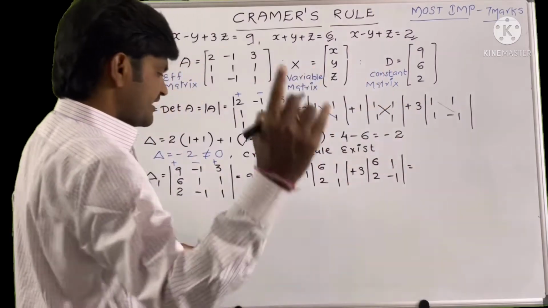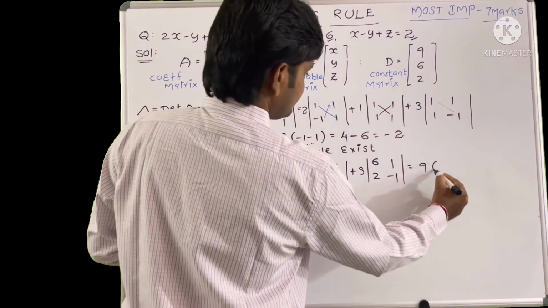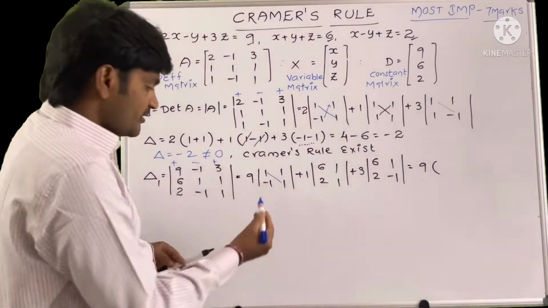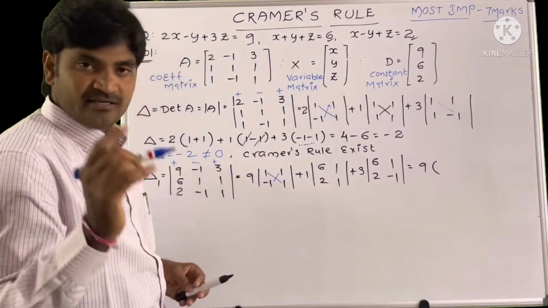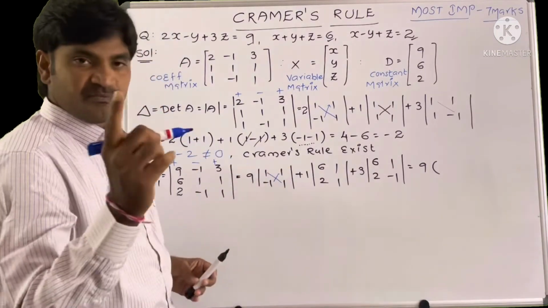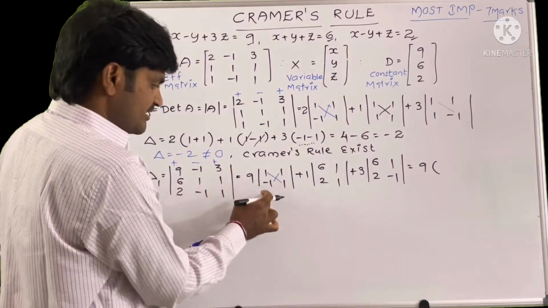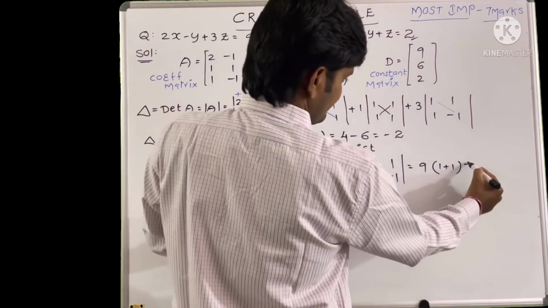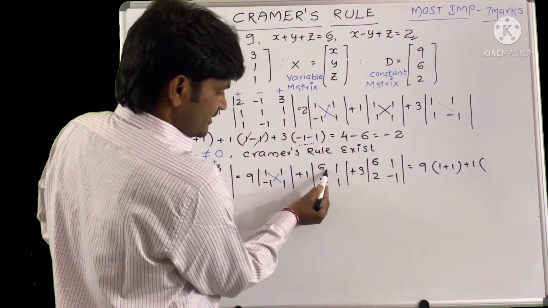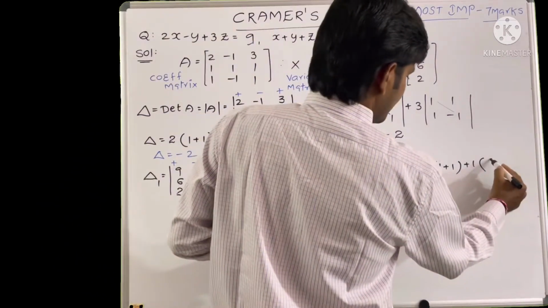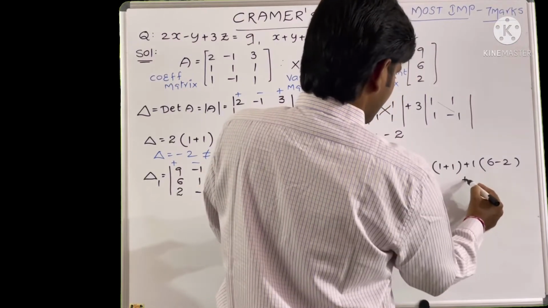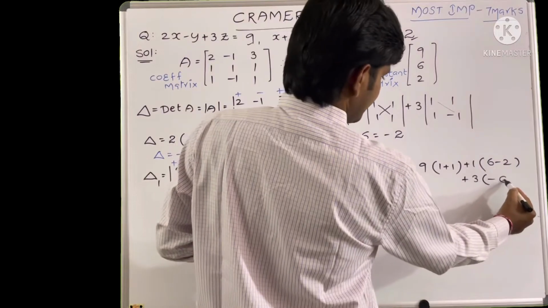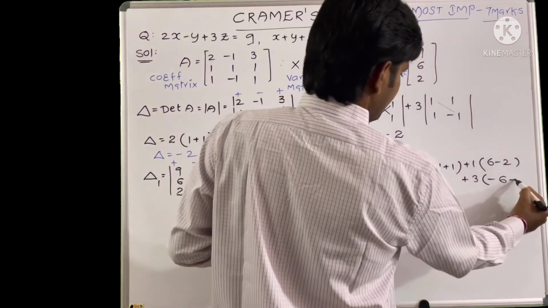Now the expansion begins. 9 into 1 plus 1, with the minus becoming plus, so 1 plus 1. Next one, 1 into 6 minus 2, and plus 3 into minus 6 minus 2.